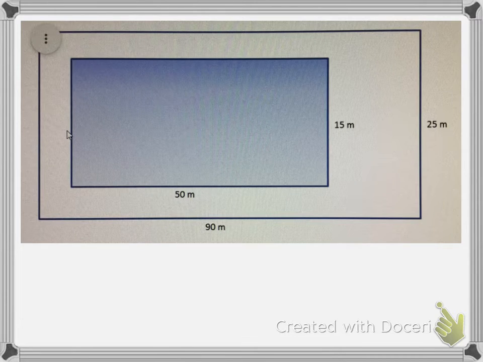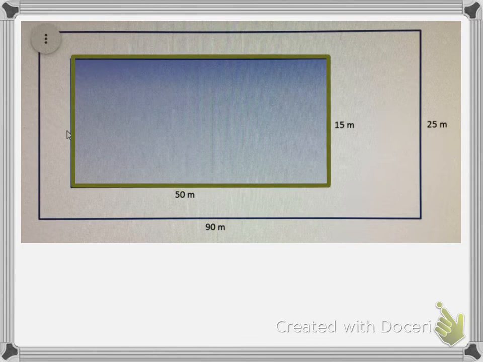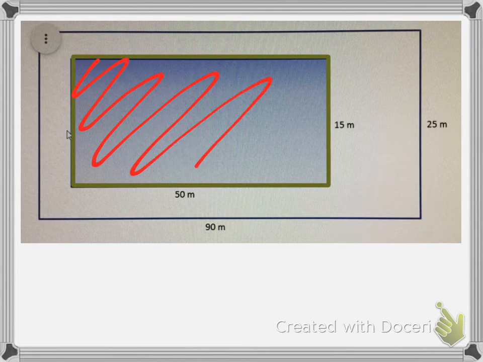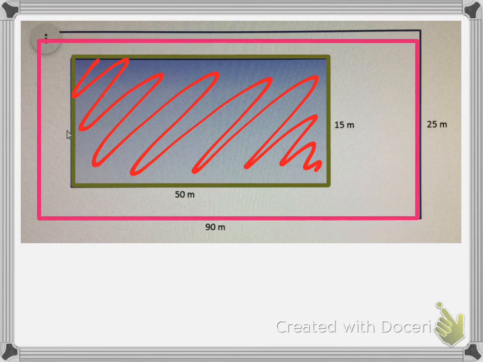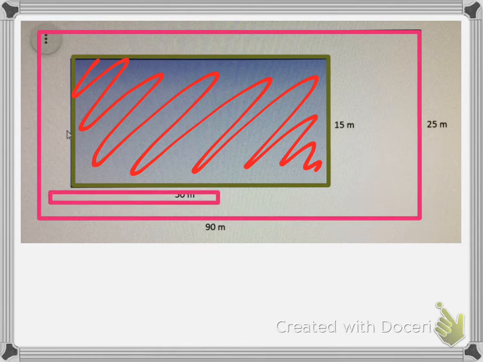If I took the area of the pool, so that section right in here, if I took all of that area away from, let me get another color here so we can talk, all of this area, so this section, that would leave me the white space that you see in here.